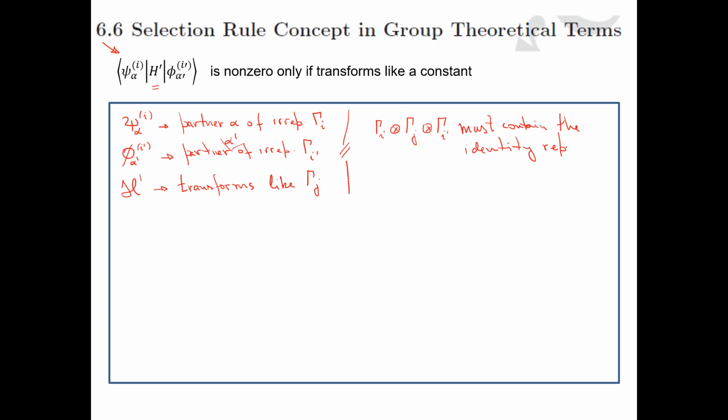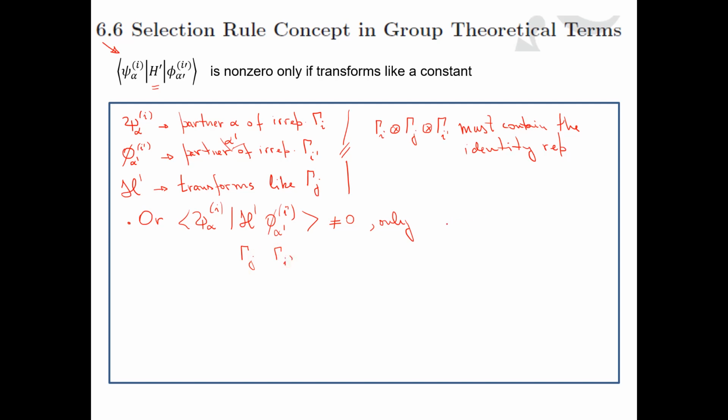Okay. So another way to see this is by looking at this sandwich here as the scalar product between psi alpha I and the vector H prime phi alpha prime I prime, and this will be non-zero only if, so this transforms like gamma H, this transforms like gamma I prime.